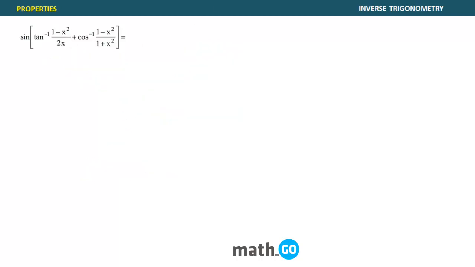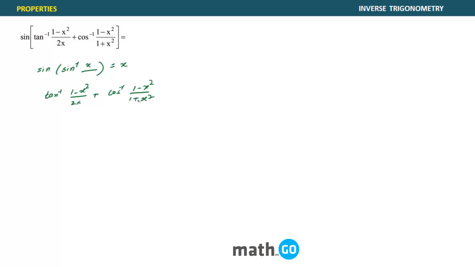Okay, let's take the next problem. We want to again simplify this, and since it is sine outside, we want something in terms of sine inverse. If this is, let's say, x here, then this answer will become x. This is the target. Now inside quantity, let me just see what it is: tan inverse of 1 minus x square by 2x plus cos inverse of 1 minus x square by 1 plus x square.